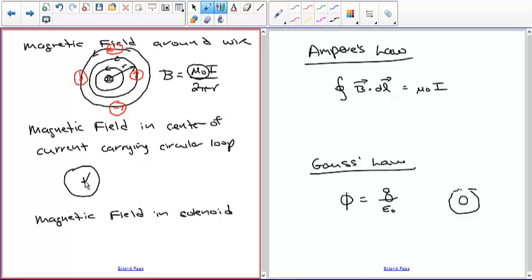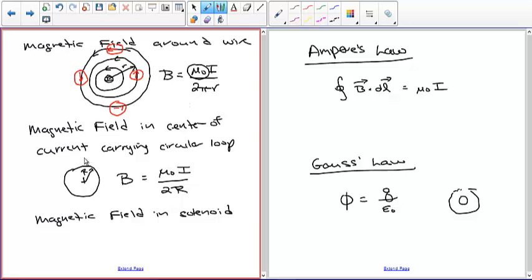Let's say the loop has a radius of capital R, and there's a current I. It turns out the magnetic field at the center of the current carrying loop is equal to mu0 times I divided by 2R. So the only thing that's different from the straight wire is you don't have the pi in there.